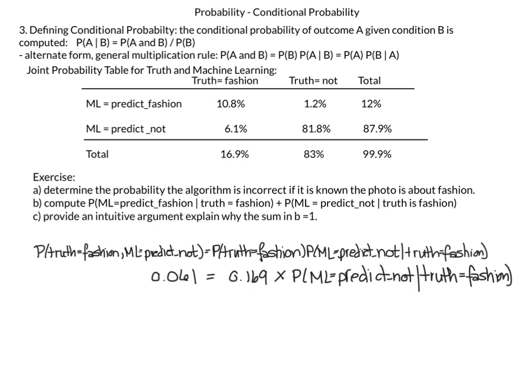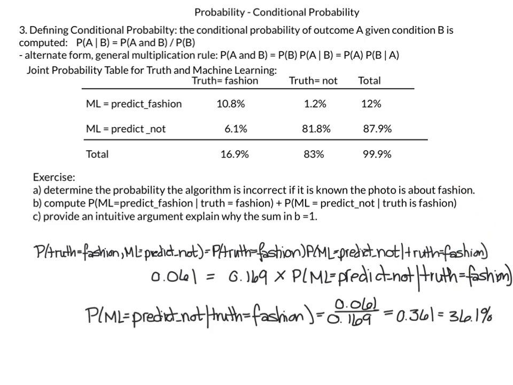So I have so far my 0.061 equals my marginal probability 16.9% or 0.169, and then I'm left with probability machine learning equals predict not given truth equals fashion, and that's exactly what I wanted to know here. So I can solve this algebraically by dividing both sides by 0.169, and I get 36.1%.